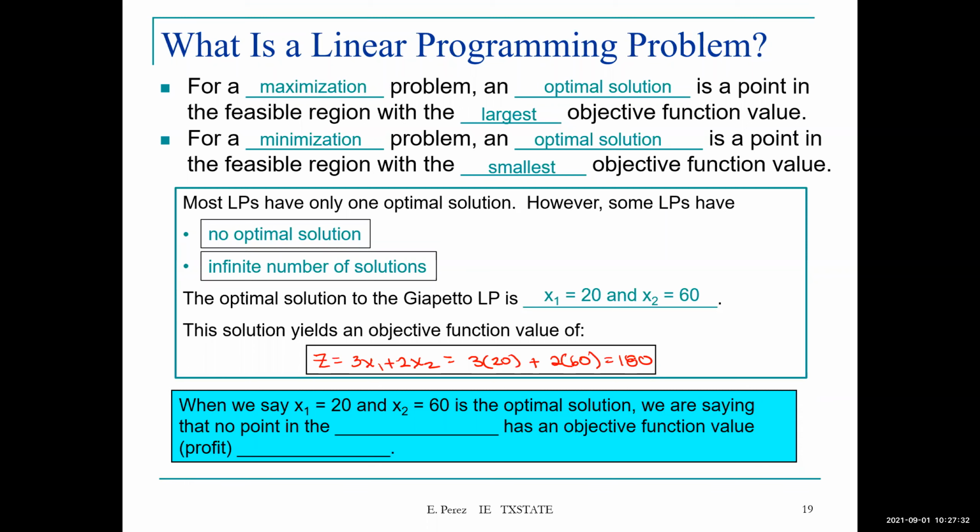We say that x1 equals 20 and x2 equals 60 is the optimal solution. We are saying that no point in the feasible region has an objective function value, or profit, exceeding 180. So that will be the solution that gives you the most profit.